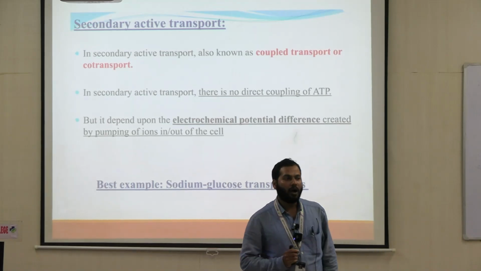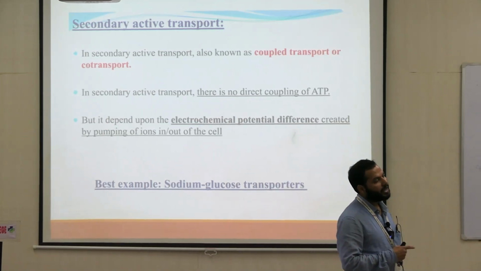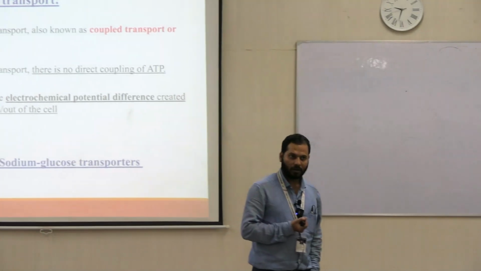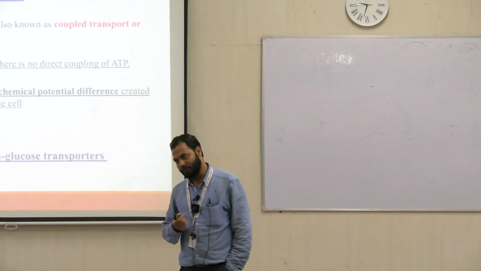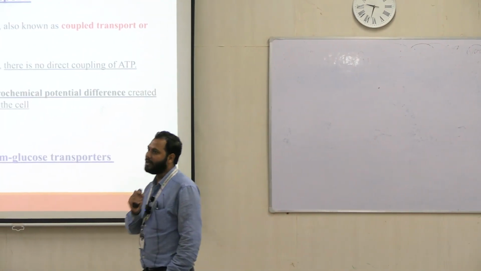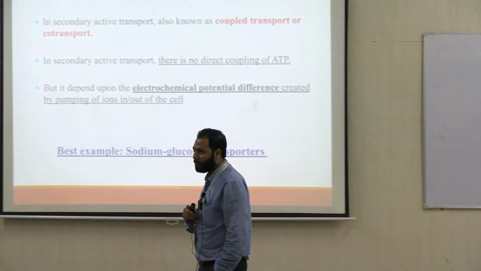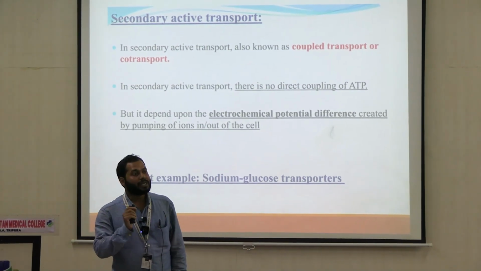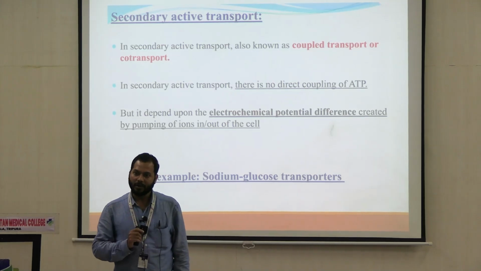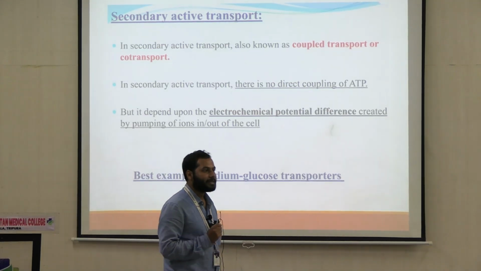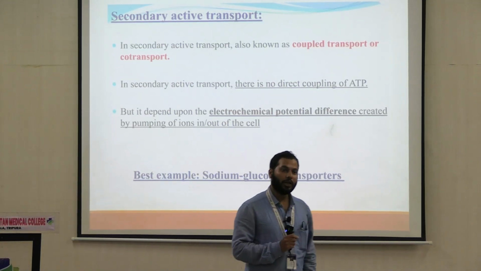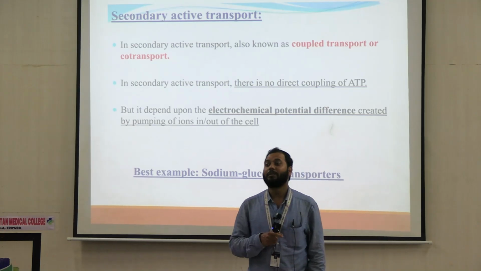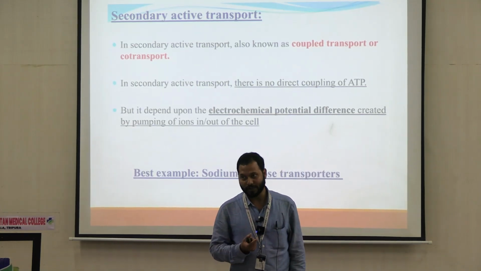In both cases, molecular movement occurs against the concentration gradient. Both use energy, but the main difference is that in primary active transport, it uses ATP directly, right? Whereas in secondary active transport, it also uses energy, but by an indirect process.